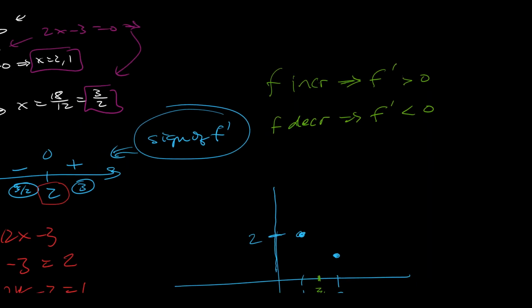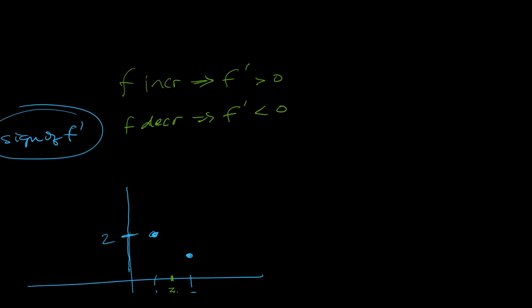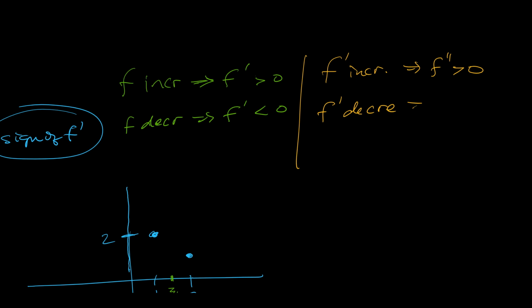Now, what I want to do is use this with the second derivative. So now I'm going to say when f prime is increasing, this means that the second derivative is greater than 0. And when f prime is decreasing, this implies that the second derivative is less than 0.